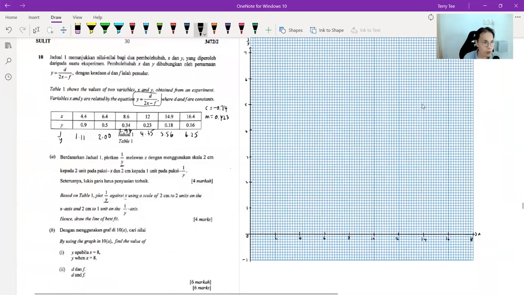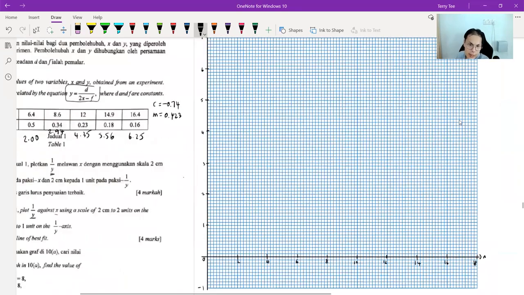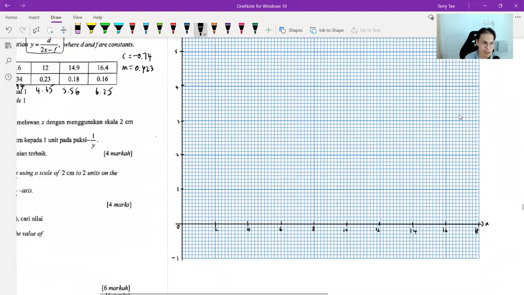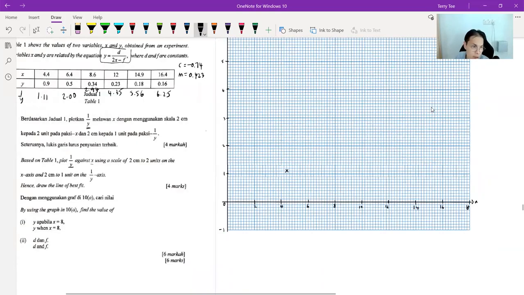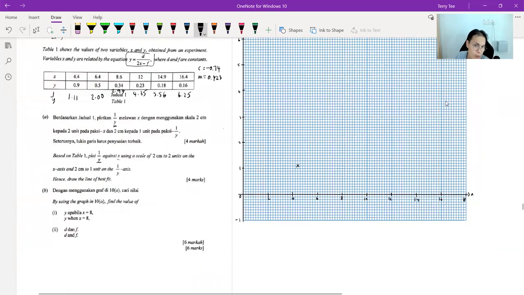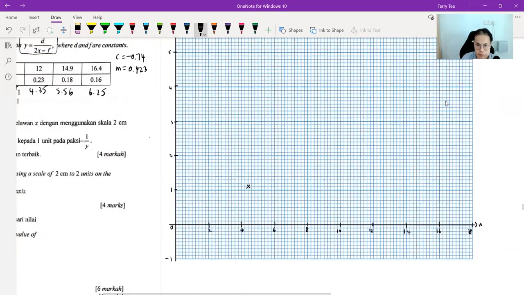First one is 4.4 and 1.1. Remember your x-axis, one box is 2, one small box is 0.2. 4.4 should be around here. 2 boxes to the right, 1.1 should be here. So put a cross here. Second point is 6.4 and 2. 6.4 will be here and 2.